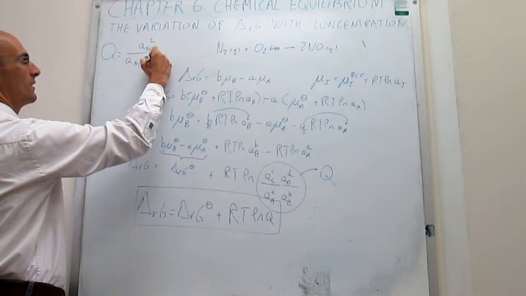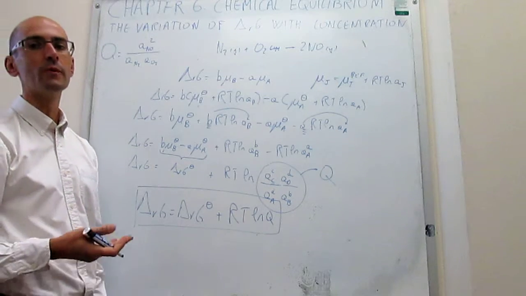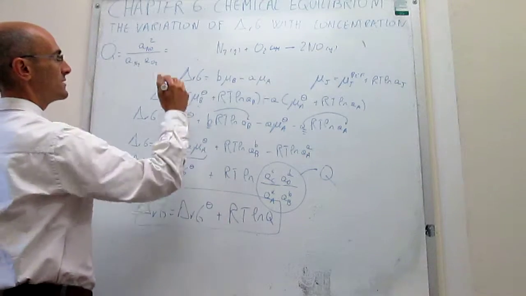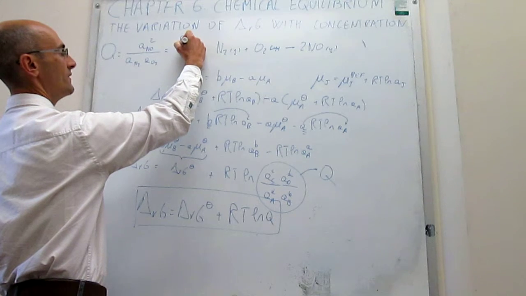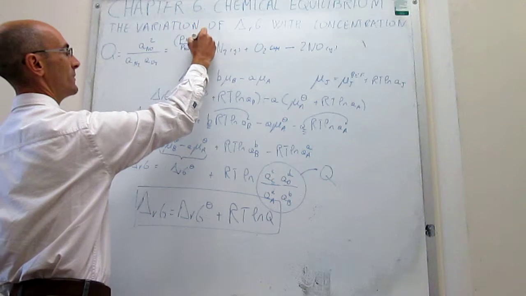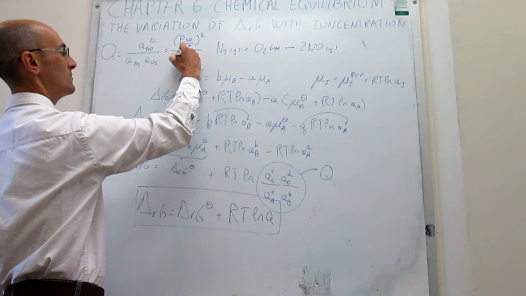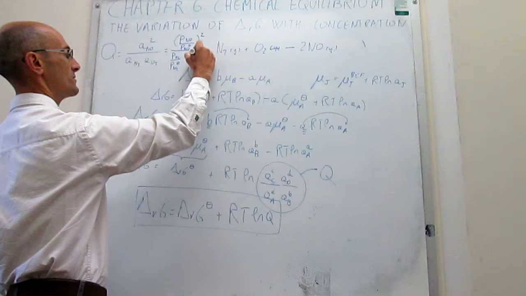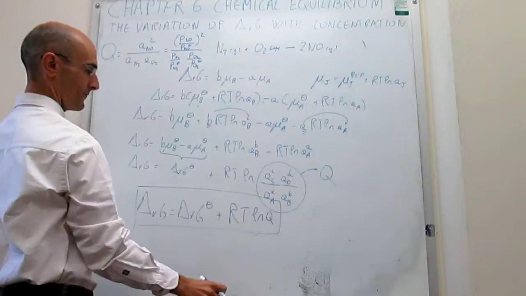Okay, but these are gases, so the way that we replace activity by pressures is as follows. That is going to be the pressure of NO over the pressure of NO at the standard state, to the power of 2, and then we'll have the pressure of N2 over the pressure of N2 at the standard state times the pressure of O2 over the pressure of O2 at the standard state.